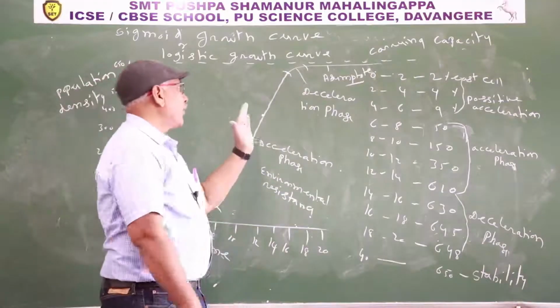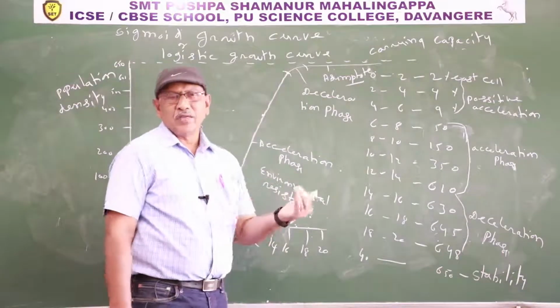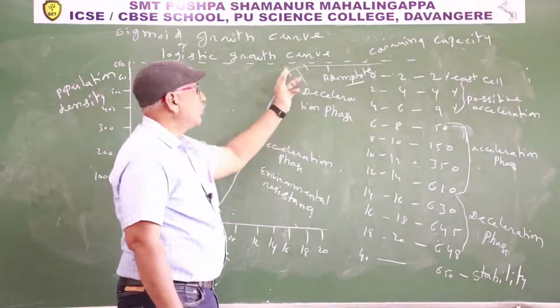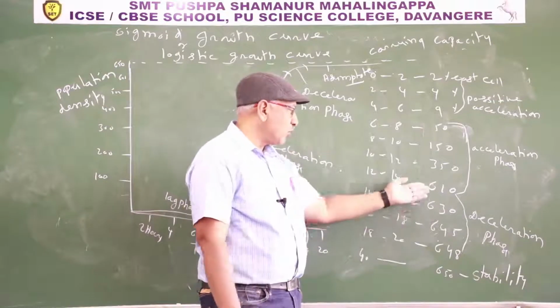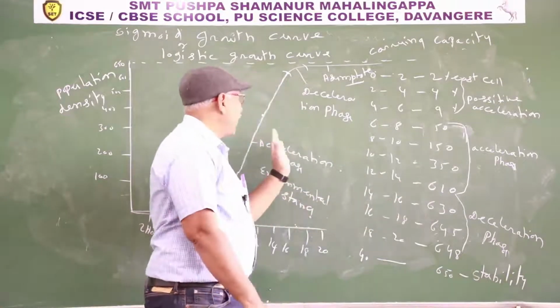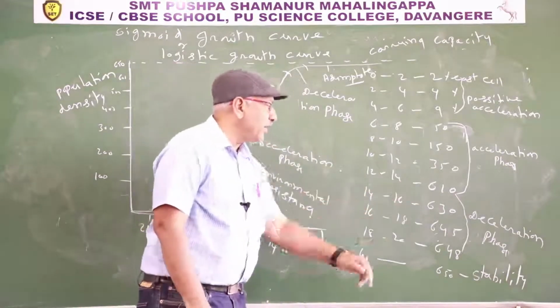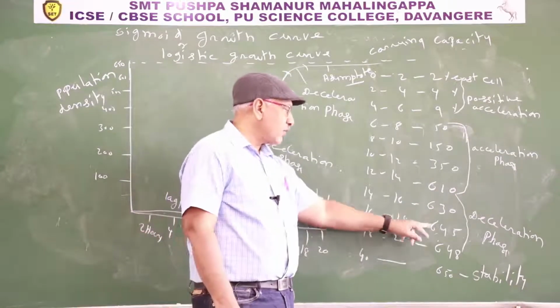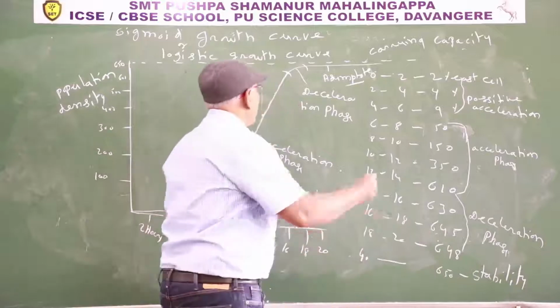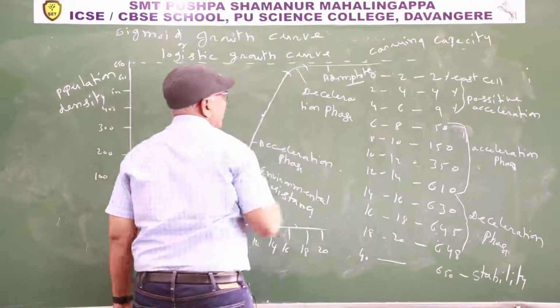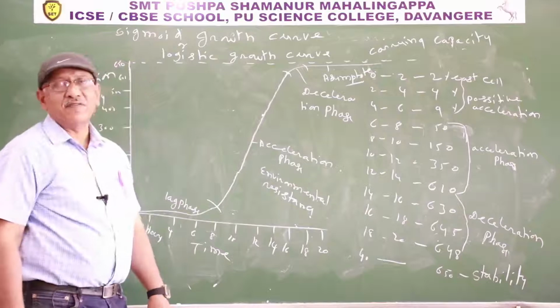Once they attain equilibrium with abiotic and biotic factors, growth rate slows. Up to 14, 16. Next 2 hours only 20 added. The number does not decrease, the growth rate decreases. Next 2 hours 15 added. Next 2 hours only 3 added. So the growth rate decreases. That is known as the deceleration phase.